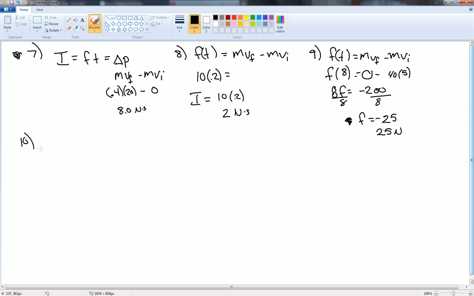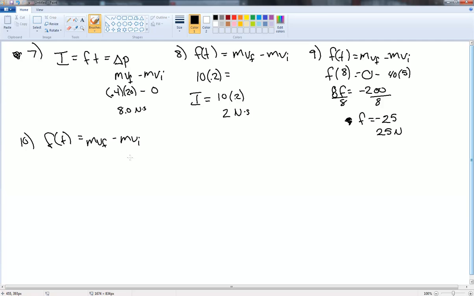So let's look at question 10. A 1.5 kilogram cart is accelerated uniformly from rest to a speed of 2 meters per second in a half second. What's the magnitude of the force producing this acceleration? So again, they're looking for force. We have mass times final velocity minus mass times the initial velocity.